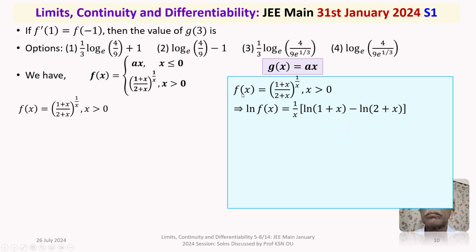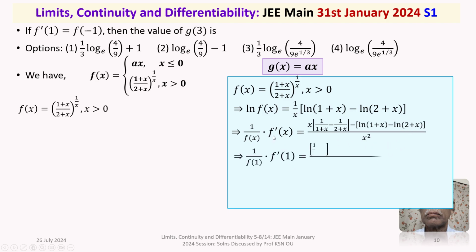So ln of f of x is equal to 1 by x into (ln of the numerator 1 plus x minus ln of the denominator 2 plus x). Now differentiate with respect to x. We'll get 1 by f of x into f prime x, and apply the u by v formula. Now substitute x equal to 1.